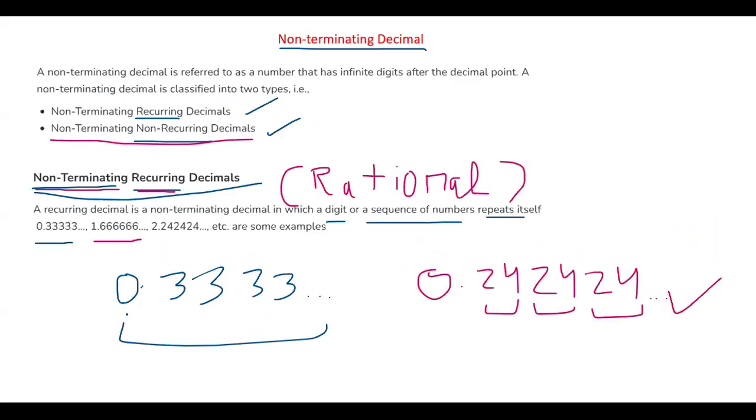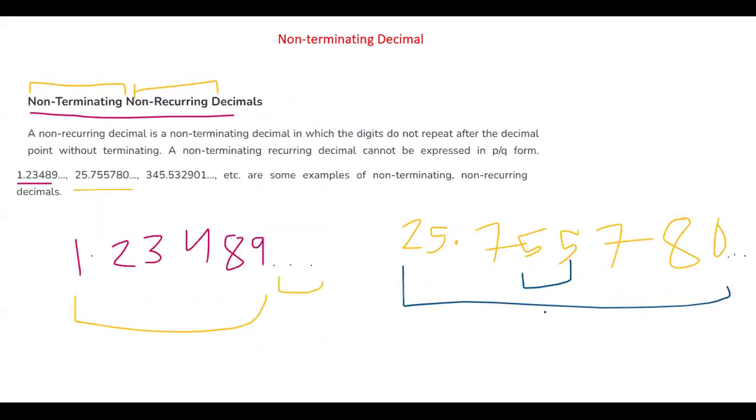Here after the decimal 3 is repeating an infinite number of times. It's not that it is repeating 2 times, 3 times or 4 times. Here also 24 is repeating an infinite number of times: 24, 24, 24, 24, 24 and so on. So we will not count that 5 is repeating 2 times. It should repeat an infinite number of times. So we will say this number is non-terminating, non-recurring.